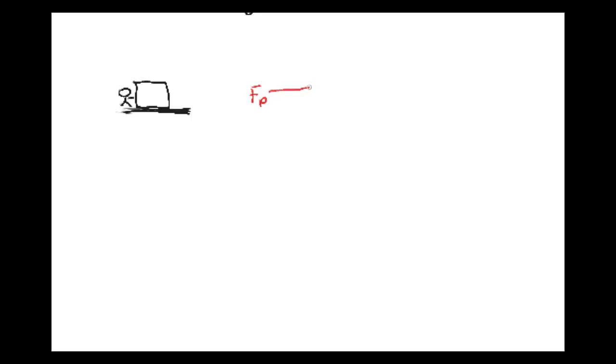And that's that direction. And this would be the box. And then there is the weight of the box. This is just for the box; we're neglecting the person. We're not looking at the person itself.